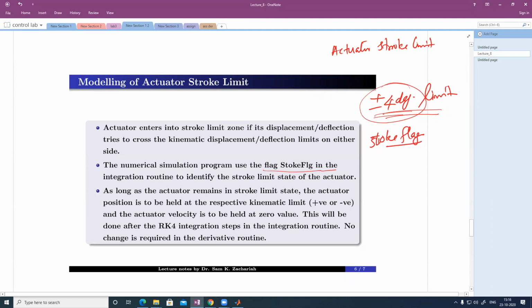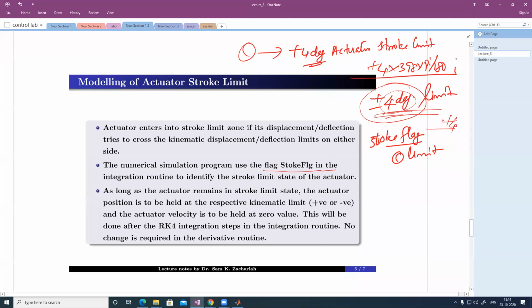If it is crossing plus 4, it has to limit to plus 4. So plus 4 is the theta limit. When theta comes to plus 4 degree, on the motor side it is plus 4 into 398 into pi by 180.